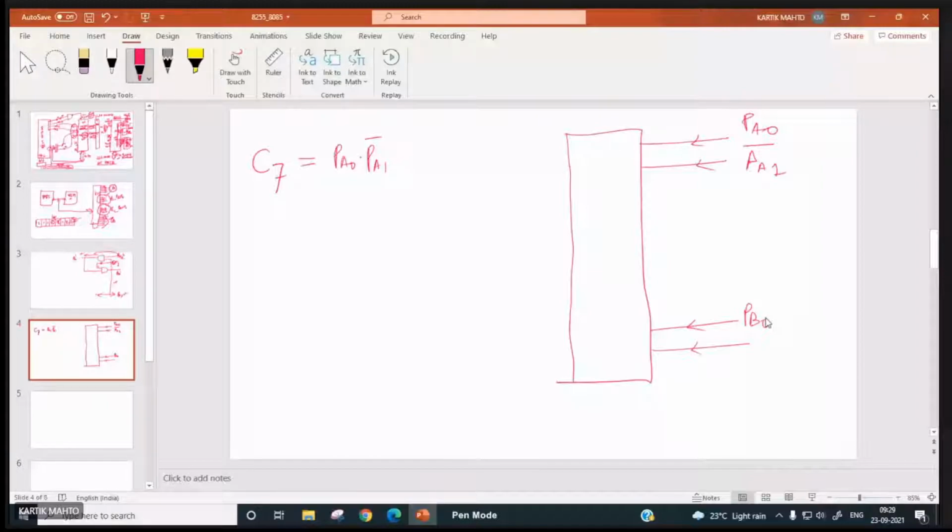C7 equals A0 into A1 bar into B0 into C1 into C2. C1, C2, no? Yes, sir. And we were saying C7 as output.